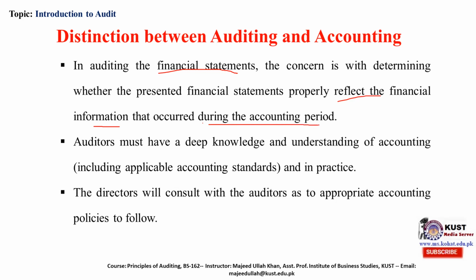For example, if an auditor is going to audit the financial statements of the company for 2019 and 2020, he should make sure that the financial statements reflect the true economic activities of the firm that occurred during that specific accounting period. So auditing is usually for a one year period.